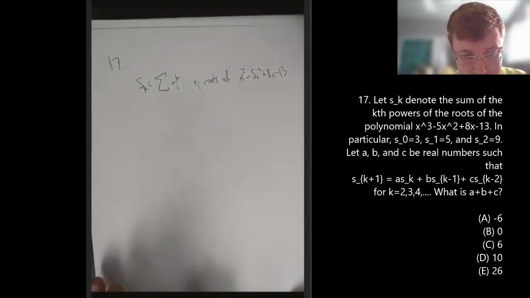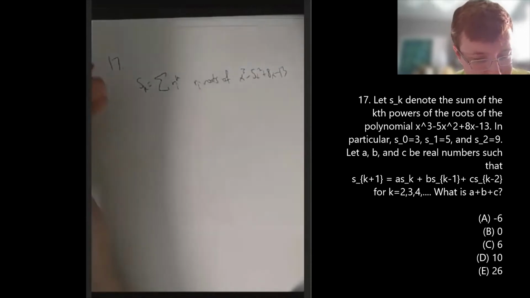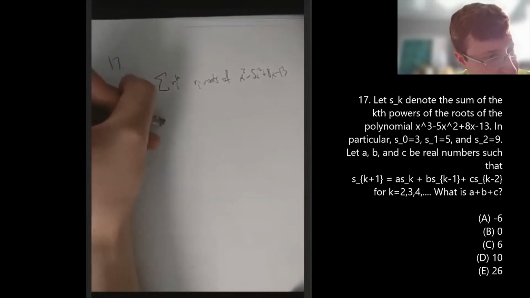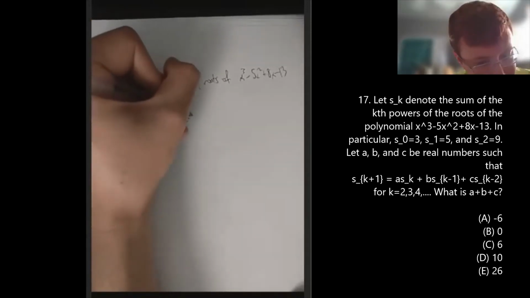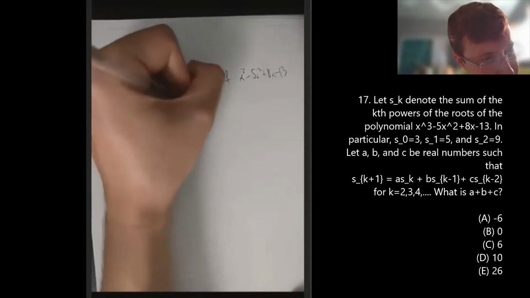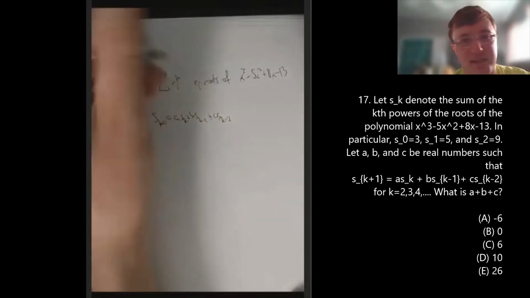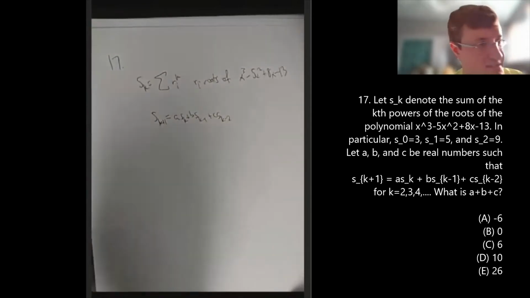And it tells us S0, S1, and S2. And a, b, c are real numbers, so that s(k+1) equals a·sk plus b·s(k-1) plus c·s(k-2). I want to find a plus b plus c.